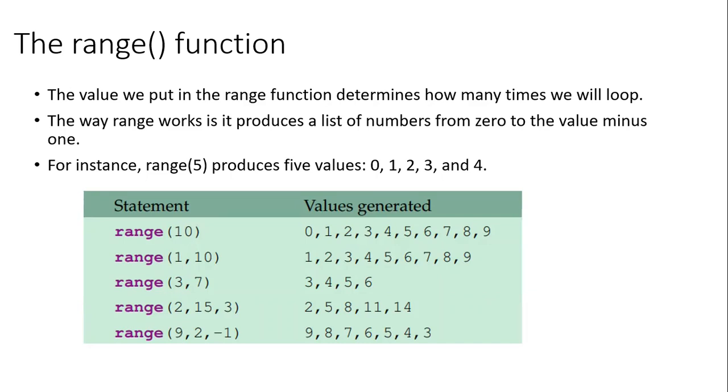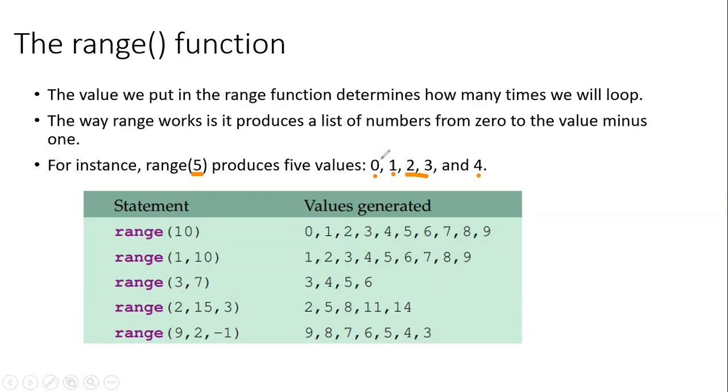Now, here, which is very easy to understand, the range function defines the range of values according to the way you have passed the parameters. As an example, if you define a range parameter as 5, that means it always starts at 0 and produces 5 values. What are the 5 values? 0, 1, 2, 3, and 4.